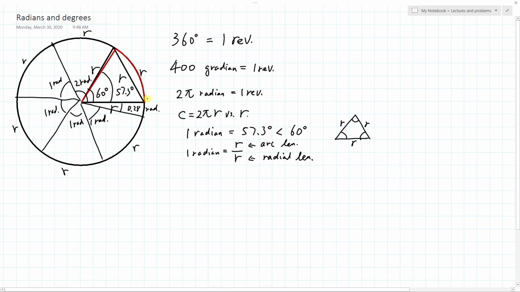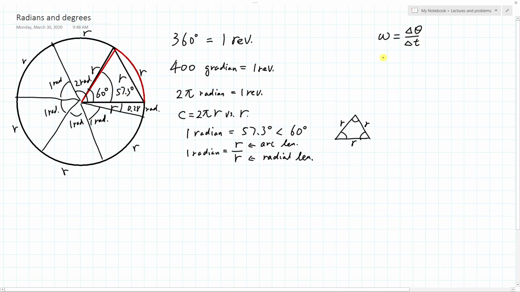So the angular velocity, let's say angular velocity omega, is approximately equal to the change of angle over the duration of time that change happened. So this angle here, we can use angle in radians, and then over time, right?